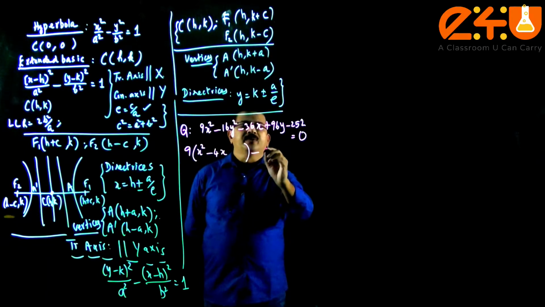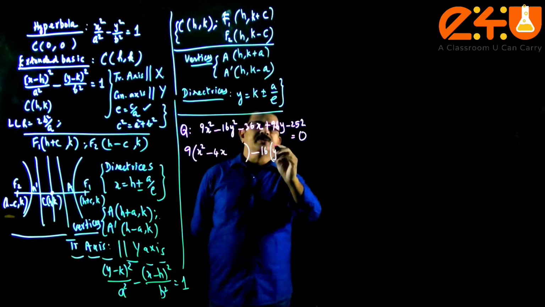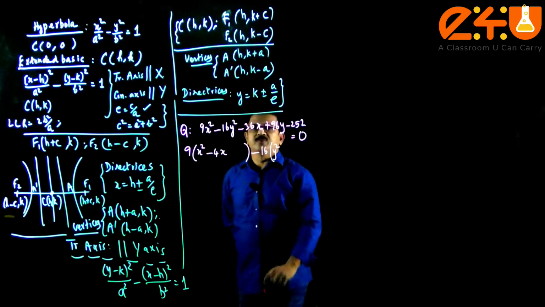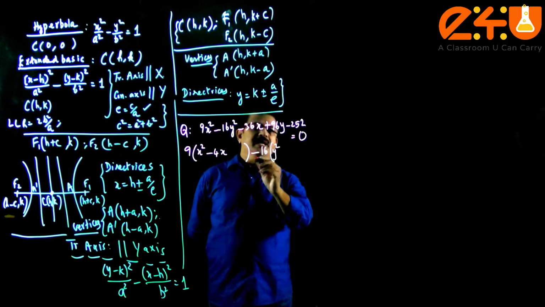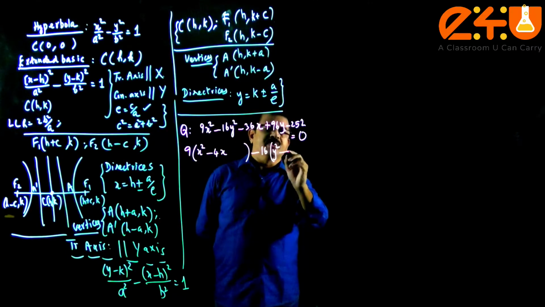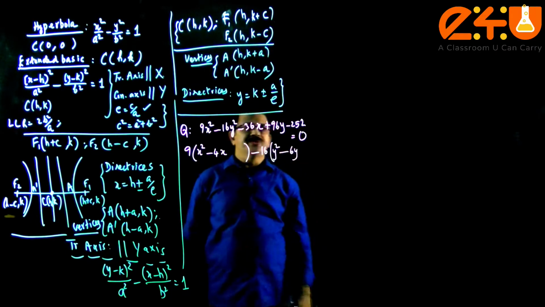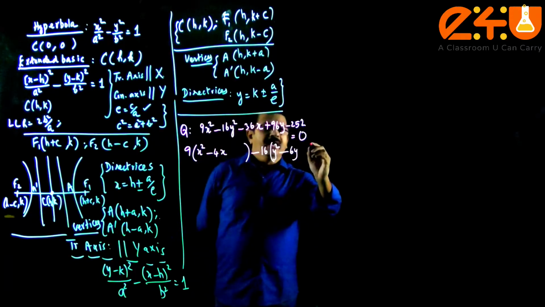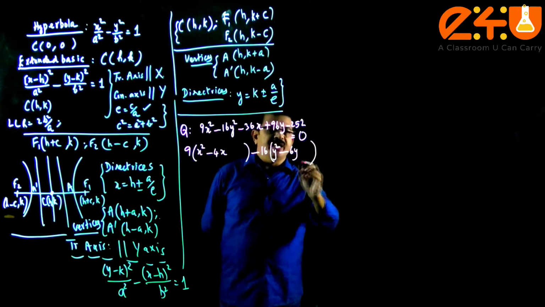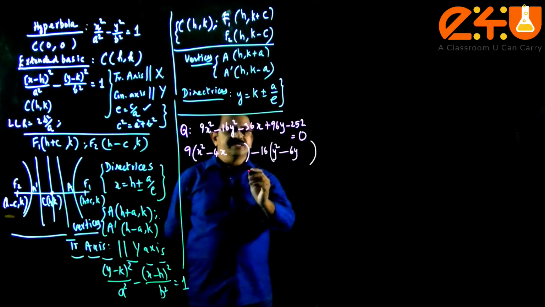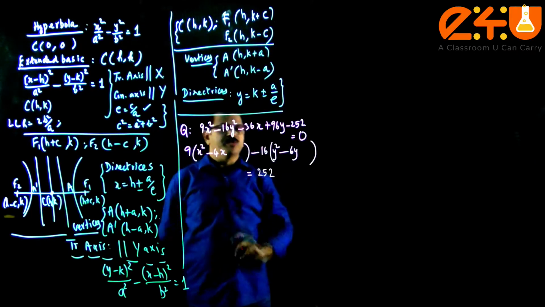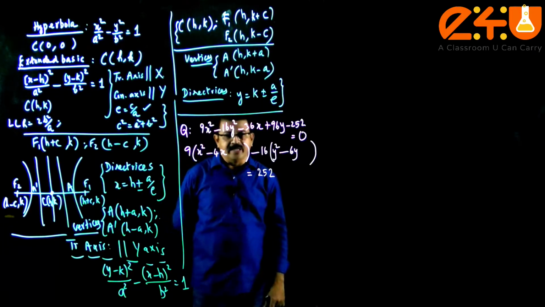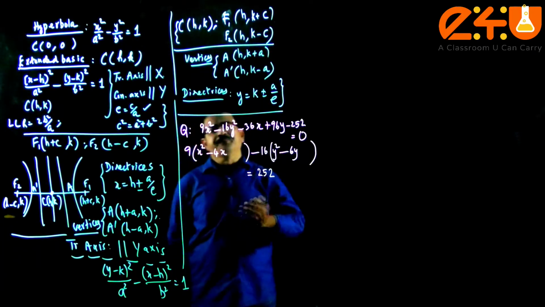And to collect y terms, I am taking 16 common factor, and what is left over is y squared, and out of 96 I have taken negative 16, so what is left is negative 6y. I am leaving some space and completing the parenthesis. The constant negative 252 I am transposing to the RHS to make it positive 252.